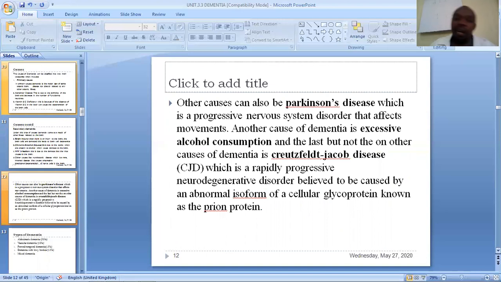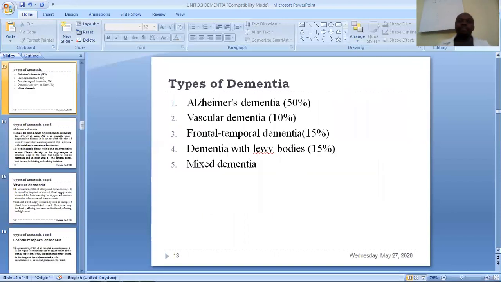We also have alcohol consumption, which we already mentioned, and also Creutzfeldt-Jakob disease, which is a rapidly progressive neurodegenerative disorder believed to be caused by an abnormal isoform of a cellular glycoprotein known as the prion protein. This also damages the brain.